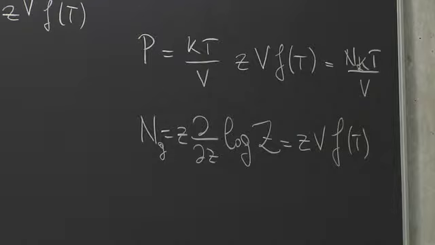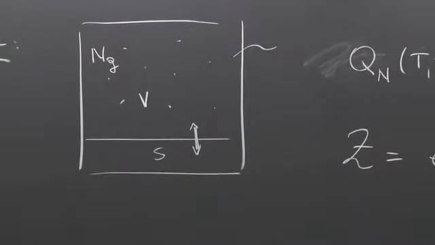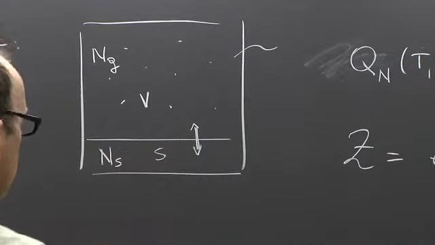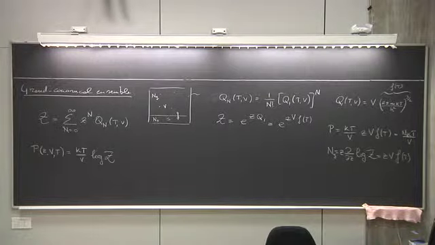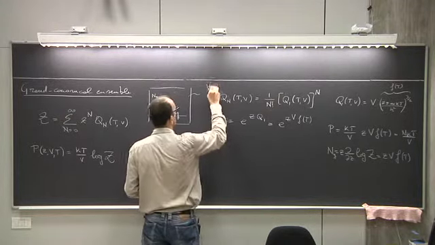There will be a number of particles in the gas phase, but these are in equilibrium with the solid. So there will be a number of particles in the solid phase, and these two should be in equilibrium. So this is the vapor.